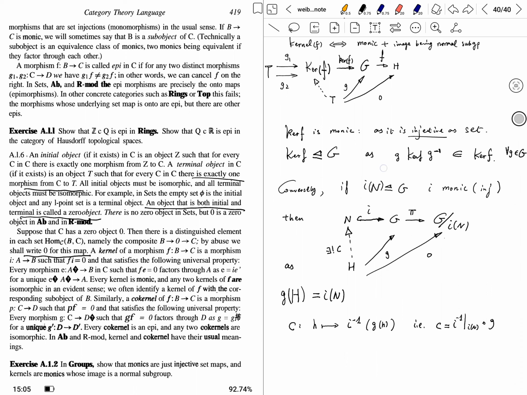So kernel, firstly, obviously the image is a normal subgroup. Just check by definition, because normal means, more precisely, to call this I. So this is normal because for any element g in G, g multiplied by the image of kernel f multiplied by g inverse is still in the image of kernel f.